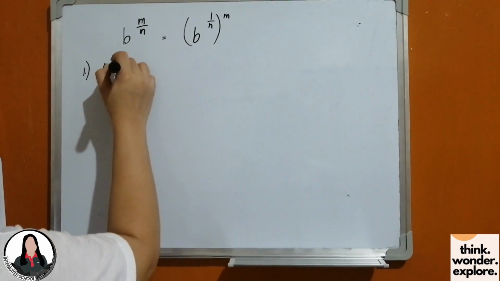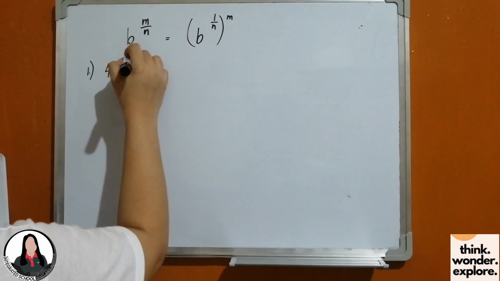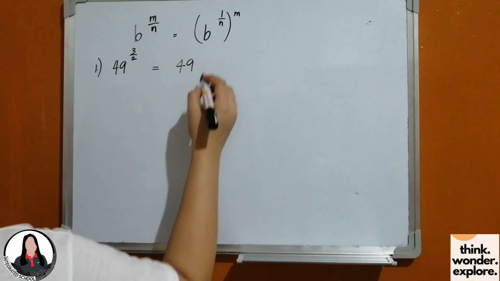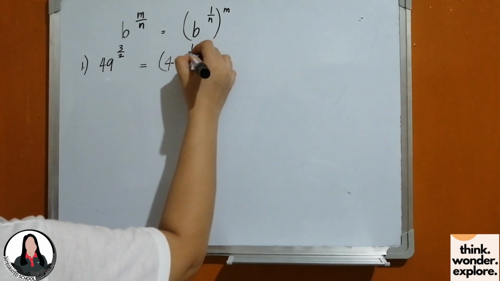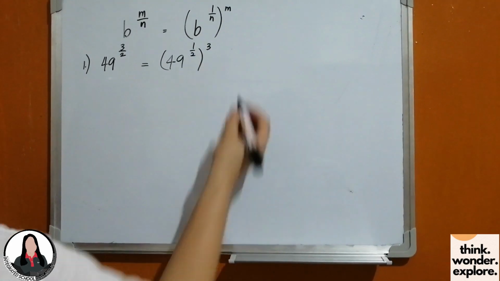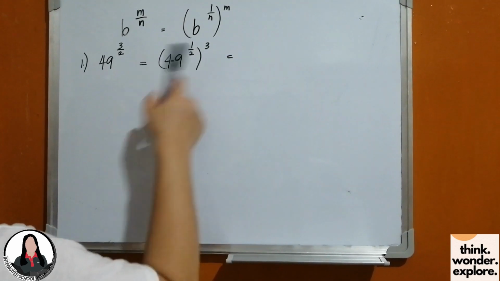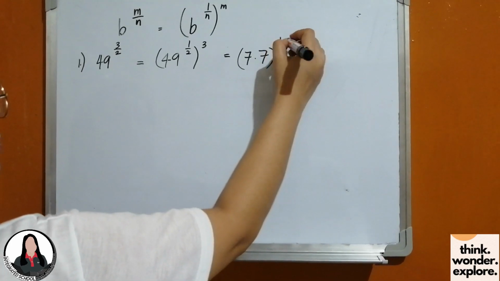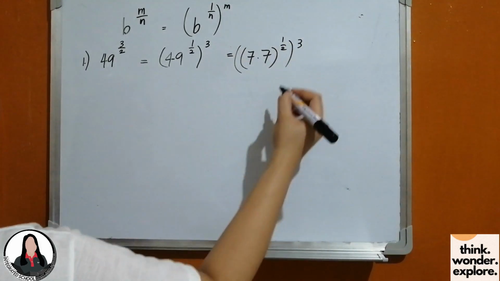So let us have few examples. We have 49 raised to 3/2. So for this example, 49 raised to 1/2, quantity raised to 3. So what is the second root of 49? So we have 7 times 7 raised to 1/2, raised to 3.